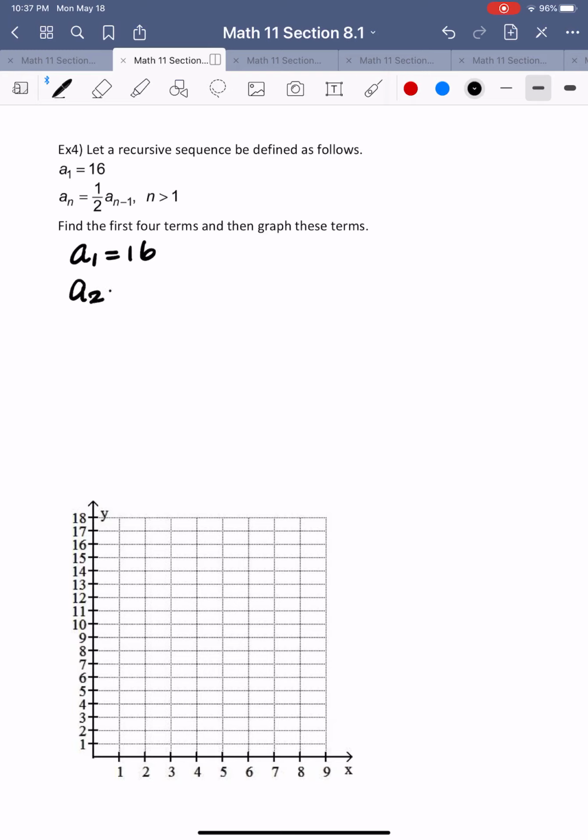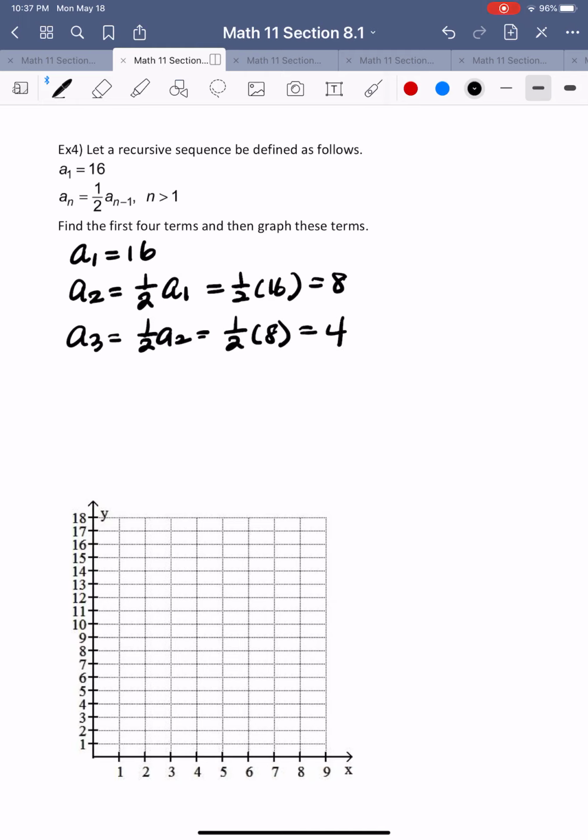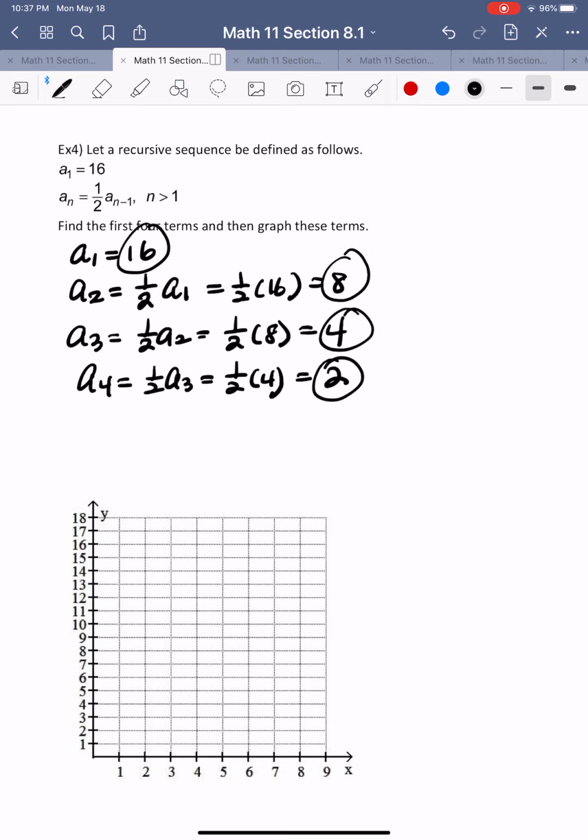Now a sub 2 means half of a sub 2 minus 1, which is half of 16, going to be 8. And a sub 3 is half of a sub 2. So half of 8 is 4. And a sub 4 is half of a sub 3, which is half of 4, which equals 2. Okay, so you got 16, 8, 4, and 2 as the sequence.